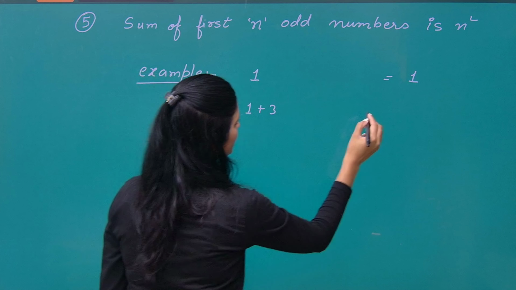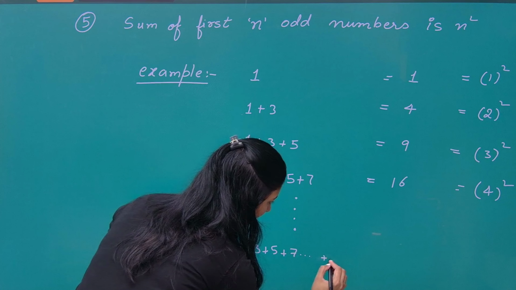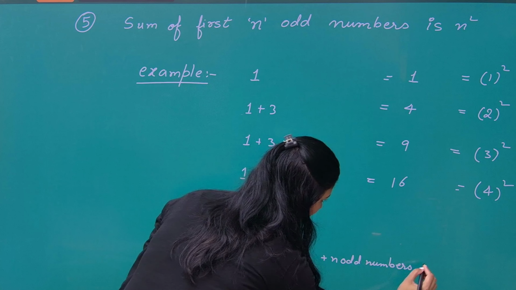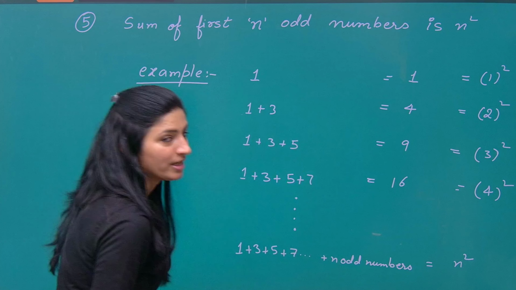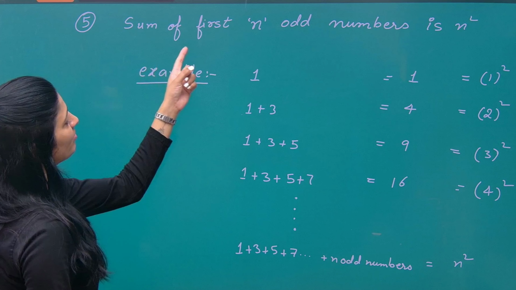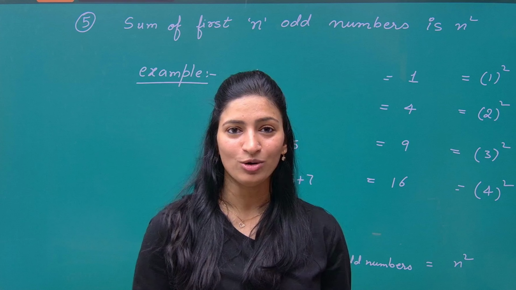Similarly, if we take the sum of the first n odd numbers, then it will be equal to n whole square. And exactly this is what our fifth property is telling, that the sum of first n odd numbers is n square. I hope this property is also clear to you. Now let's move on to the next property.